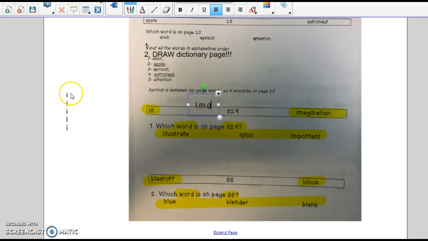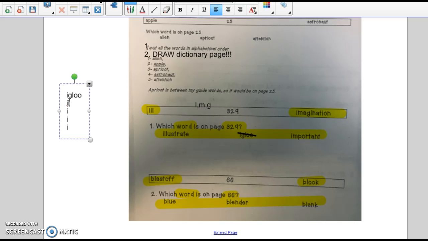A, B, C, D, E, F, G. So we know that igloo will be our first word. You can take your pen, mark out igloo. So now we're back to L and M. Which one comes first? A, B, C, D, E, F, G, H, I, J, K, L. So we have ill and illustrate, 2 L words.